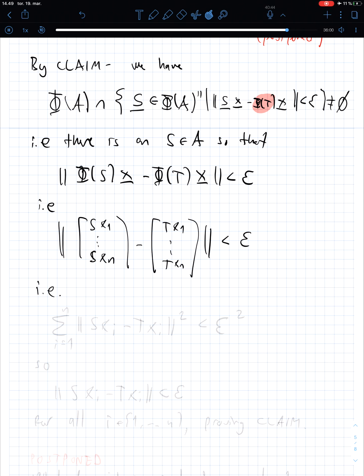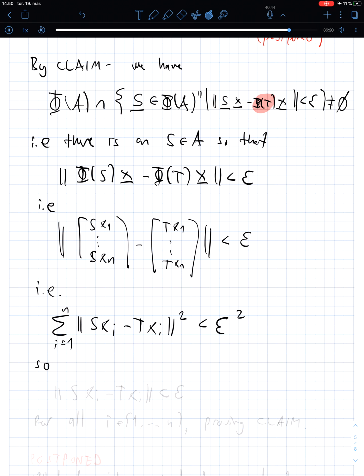And of course I'm using a Euclidean norm, so this will be the sum of the Sxi's minus the txi's squared from i equals 1 to n is less than epsilon squared. Right? I've taken squares to avoid the square root.